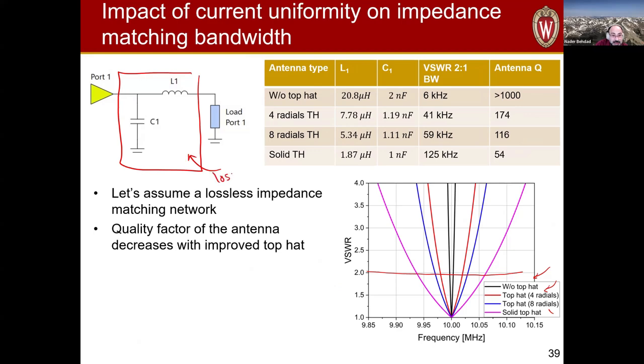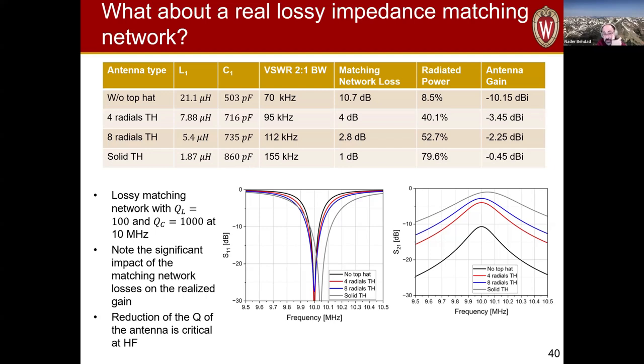And now I'm going to make that impedance matching network a lossy matching network. Those inductors and capacitors, I'm assuming they are good, Q of 100 for inductors and Q of 1,000 for capacitors at 10 megahertz, which are really good numbers, but nonetheless have some loss associated with them. So let's see what happens to the losses in these realistic matching networks.